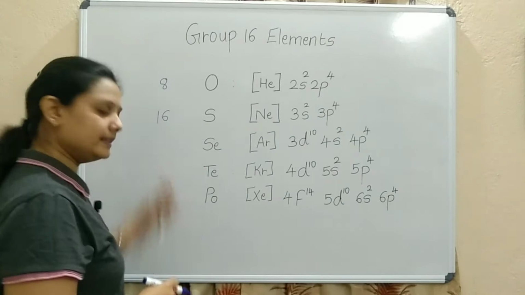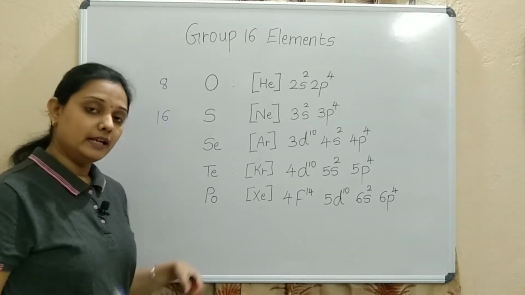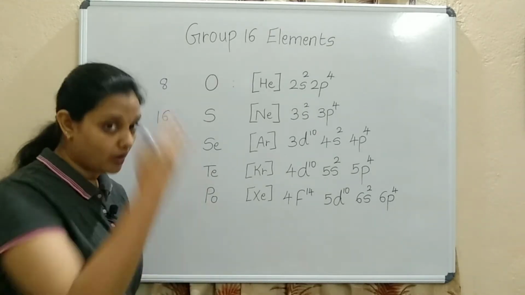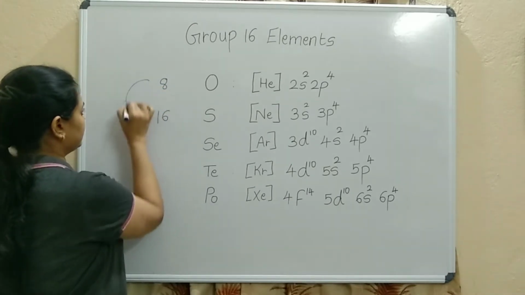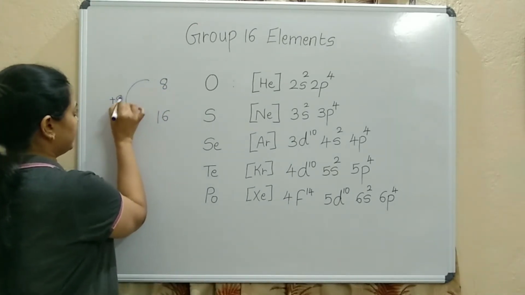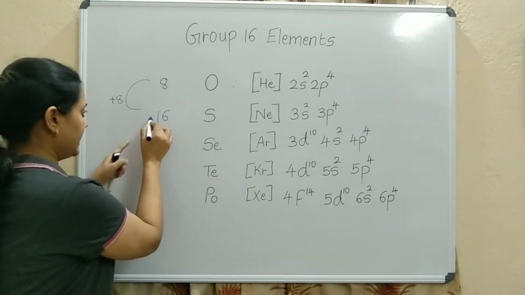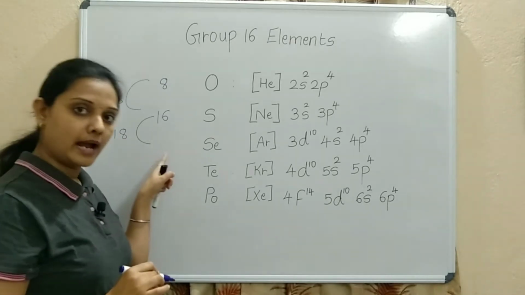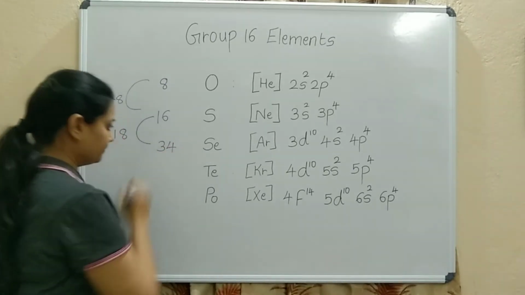How do you write the atomic numbers? If you know the atomic number of the first element, it is easy to write the atomic numbers of the other elements of the group. First you need to add 8, so that becomes 16. After that you need to add 18. If you add 16 plus 18, the atomic number will be 34.